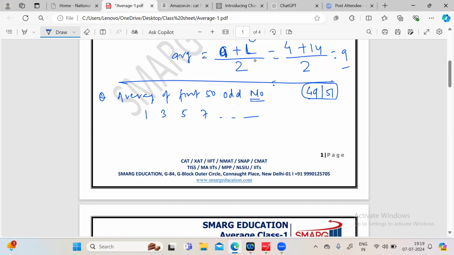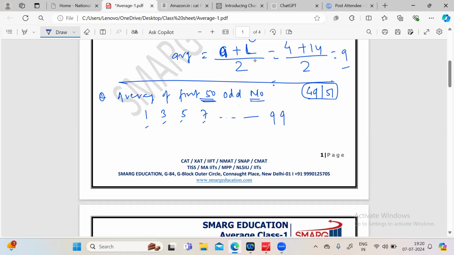No, it will be 99. Sir, the even numbers get skipped, right? Yes, we have to skip them, and we need to find the first 50 odd numbers. So 1, 2, 3, 4, you will go like this. The 99th will be the 50th odd number.